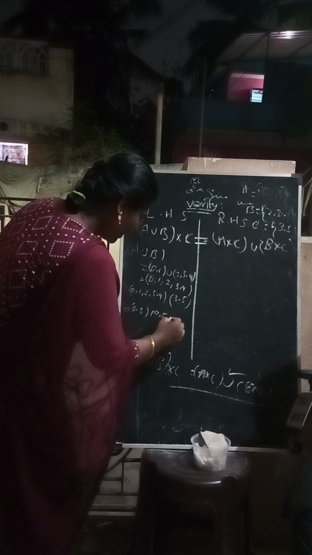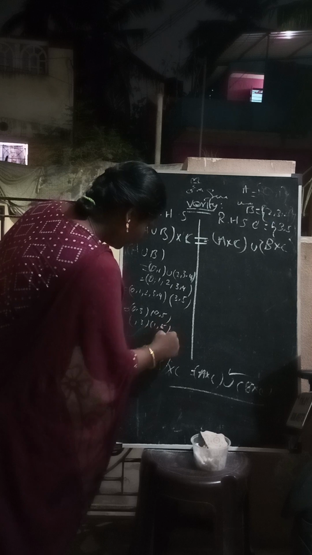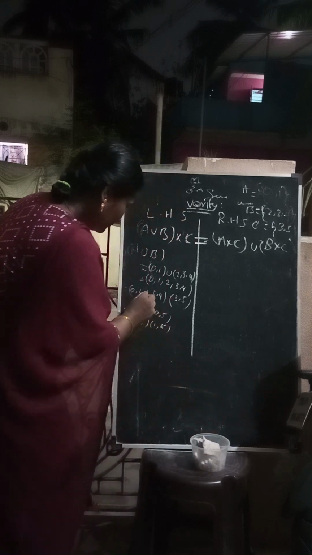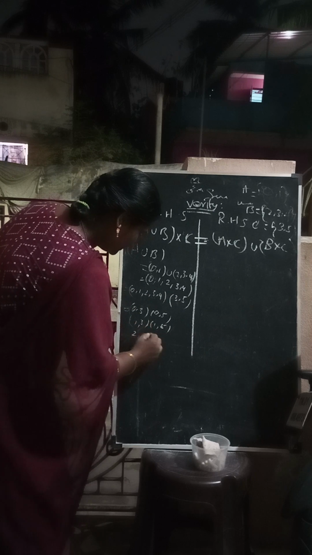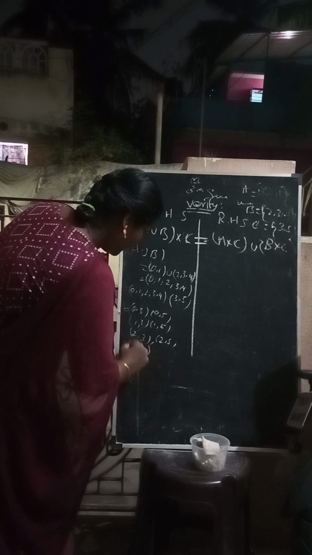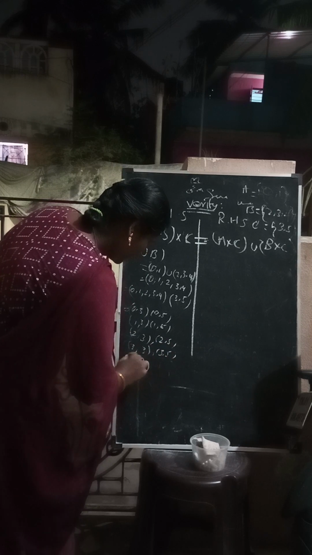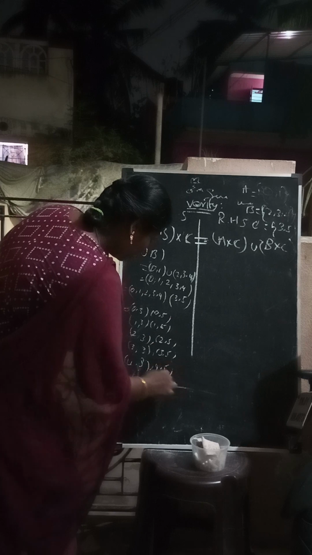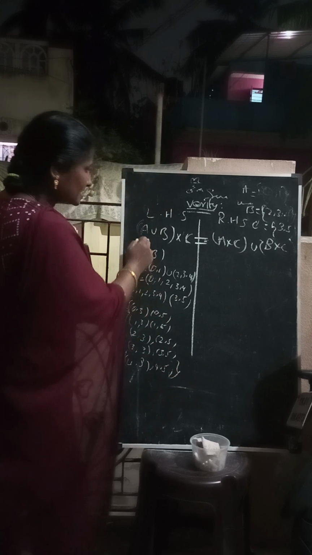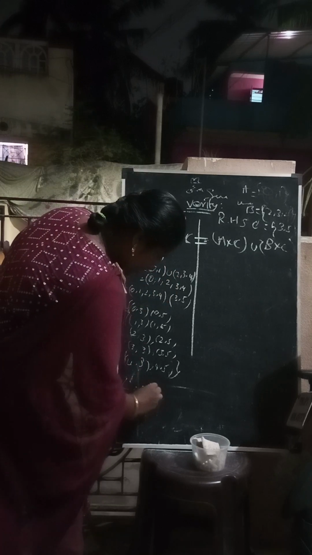So this is (A union B) cross C. It is LHS.